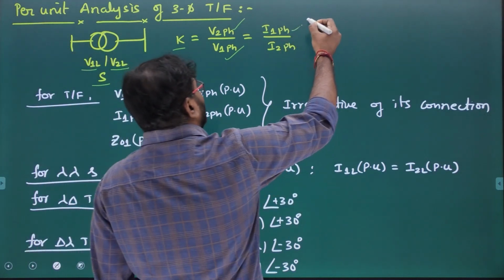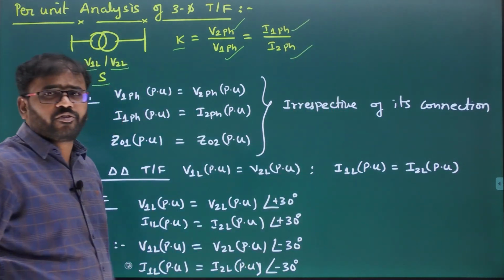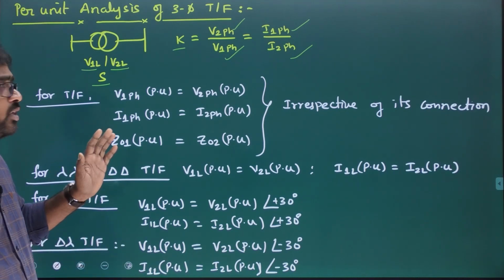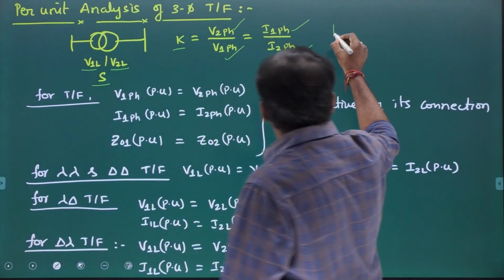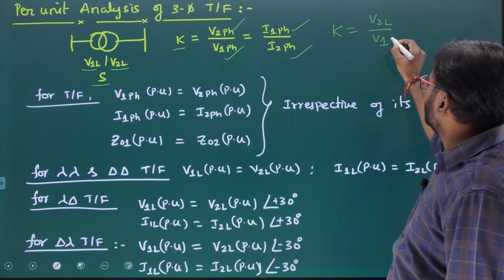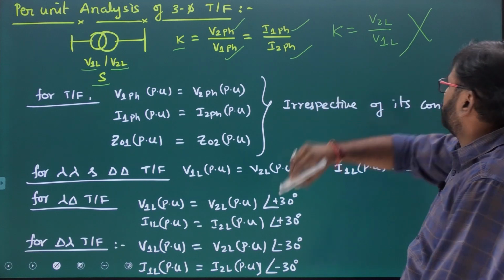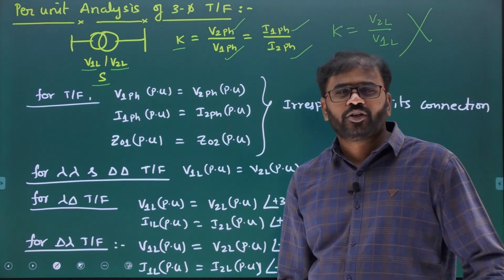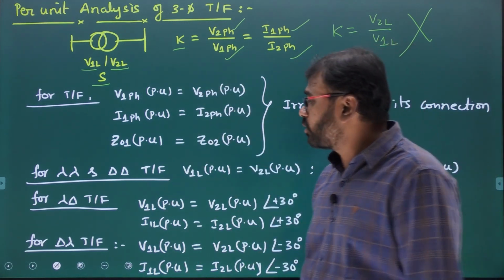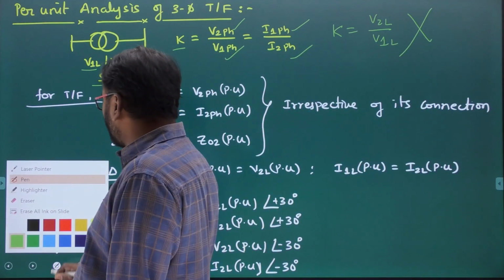Otherwise, phase current in the primary by phase current in the secondary. So you need to select only phase, not the line. So if I define transformation ratio as V2L by V1L, for example, this is wrong. The transformation ratio is always valid with respect to phase quantities, not valid with respect to line quantities.